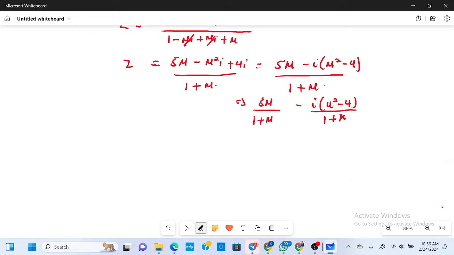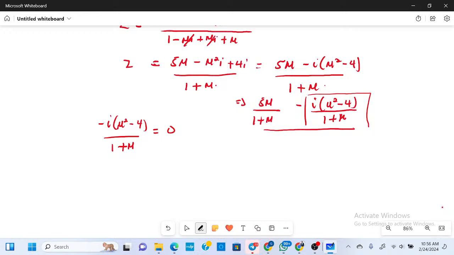So I can now say that the complex part here is equal to 0, right? It's a pure real number, so it doesn't have an imaginary part. So z will have this expression turning into 0. So we have negative i multiplying mu squared minus 4 all over 1 plus mu to be equal to 0.